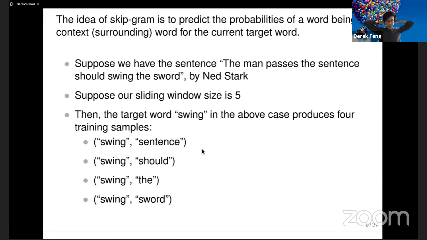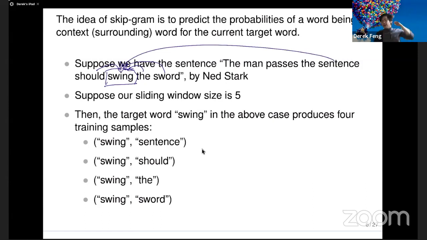Here, you're trying to predict the word swing, and your context usually would have been should. In a normal bigram model, you would use should to predict swing. But here, you're actually not going to just pick should, but pick the stuff around it.